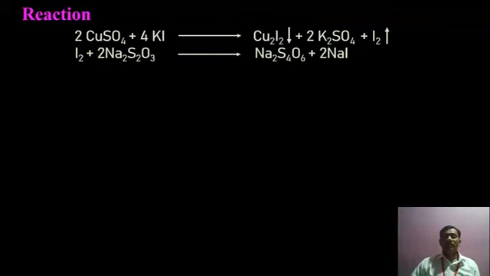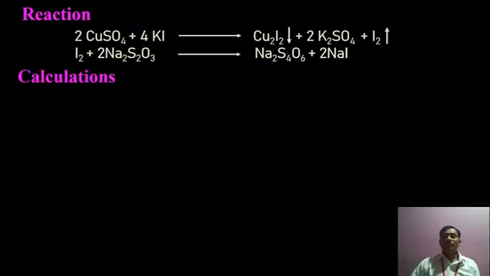So the amount of iodine that reacts with the copper is equal to the liberated iodine, and hence when we calculate this liberated iodine, we will get the amount of copper also. Hence this titration is also called iodometric titration. This liberated iodine reacts with sodium thiosulphate, which is added from the burette. It gives sodium tetrathionate plus 2 times sodium iodide.